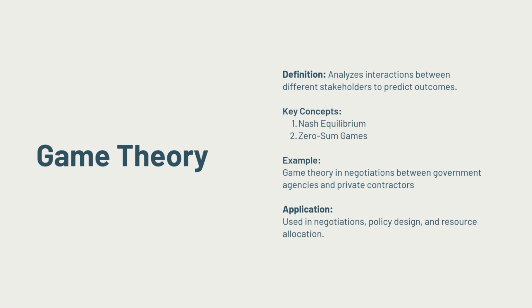Whether working on public private partnerships, or PPP, resolving conflicts between departments, or managing relations with external stakeholders, game theory helps administrators anticipate the behaviors of others and strategize for the best outcomes. It allows for more collaboration in the decision making process, where all parties' interests are considered and aligned toward a common goal.